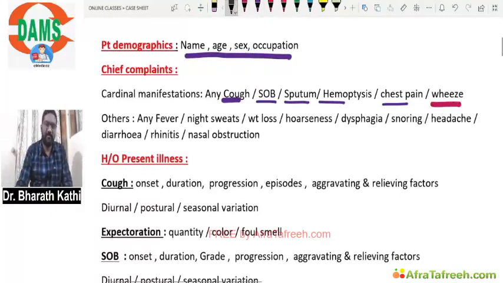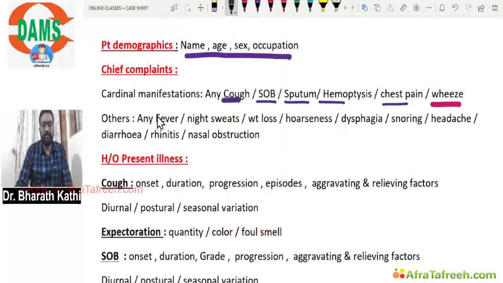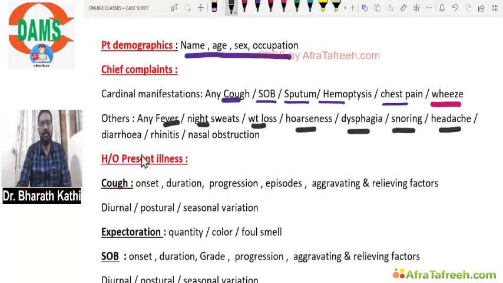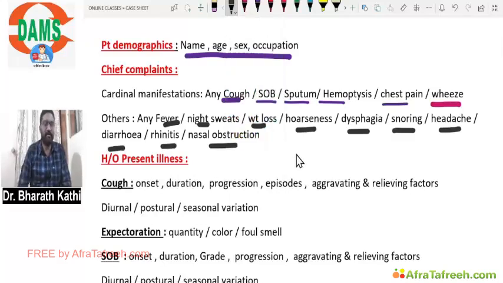And also just inquire whether there is any fever. If the patient is unable to say, you just give him a hint. Is there any fever, night sweats, weight loss, hoarseness, dysphagia, snoring, headache, diarrhea, rhinitis, nasal obstruction? Because sometimes patients will not be much aware of their chief complaints. So at the end you might diagnose it as tuberculosis, but in chief complaints the patient might be having fever.